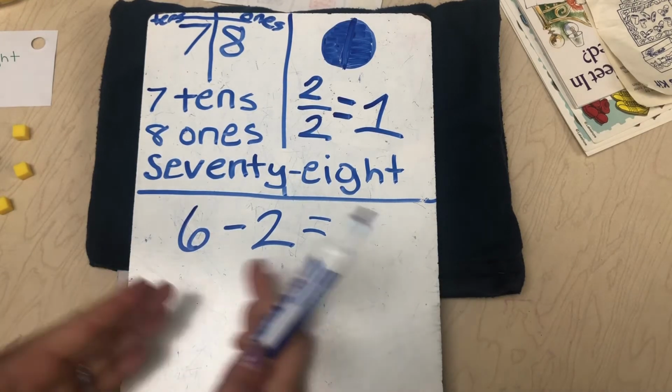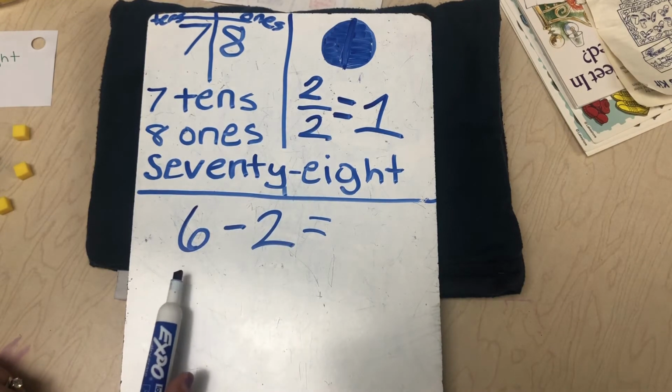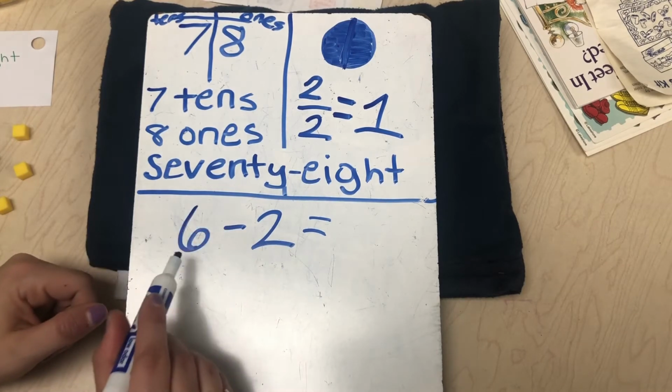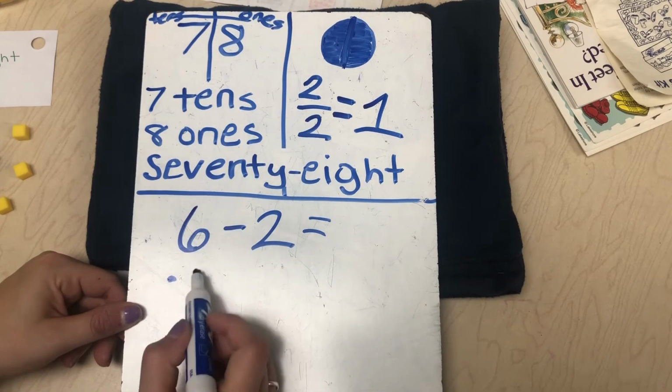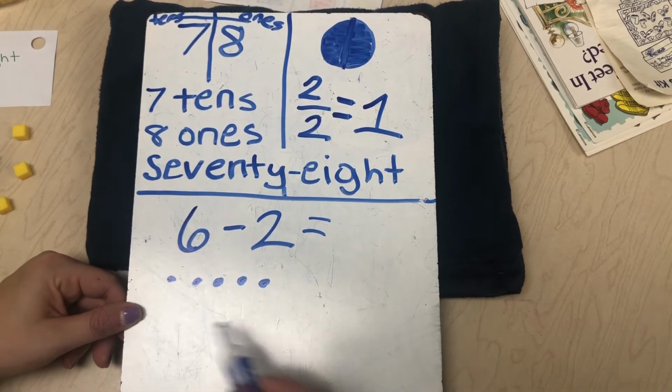So you're not combining the numbers together, you're taking away from that bigger number over here. So you're going to draw only the amount that is over here, so that's 6. 1, 2, 3, 4, 5, 6.